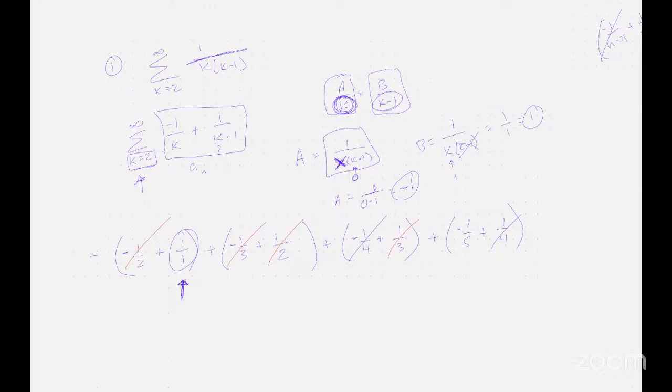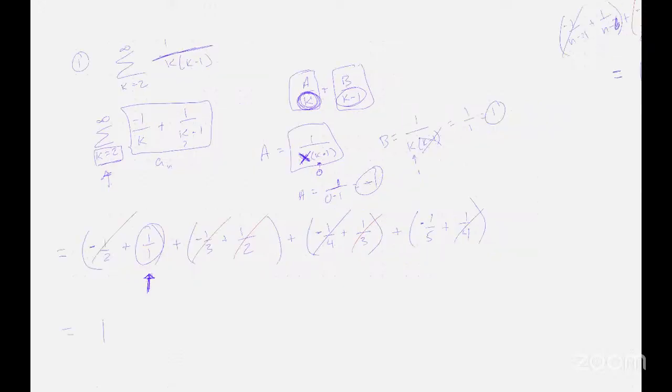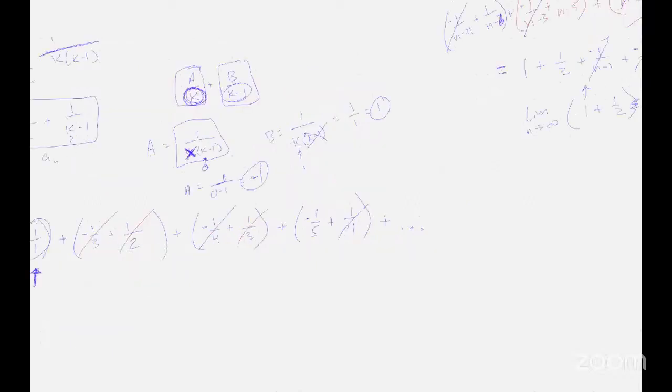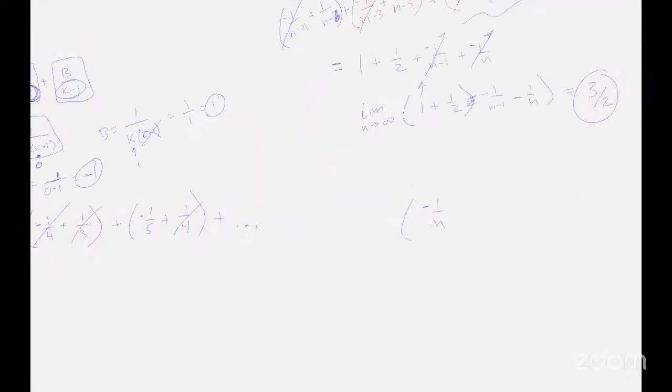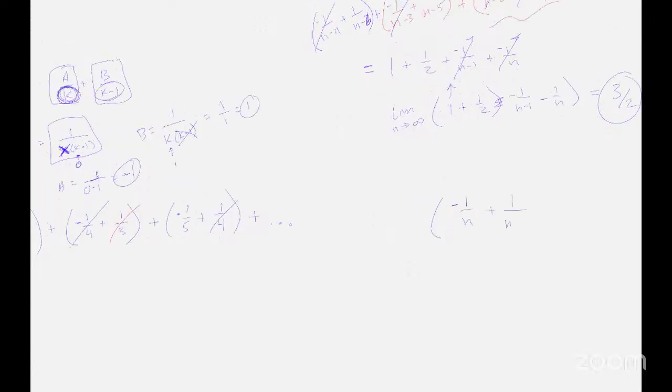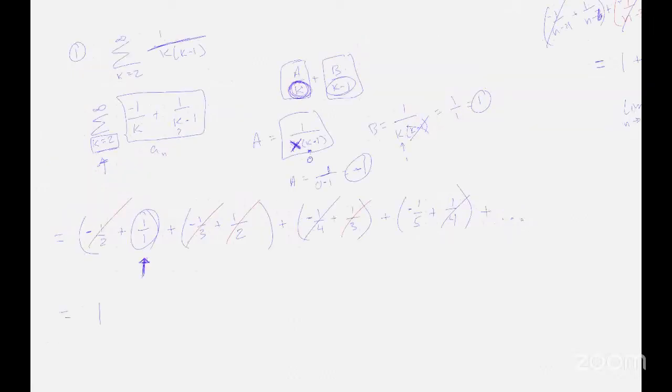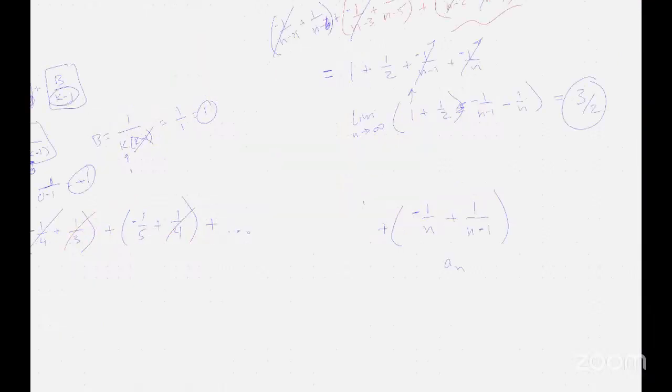Let's see what happens at the end. I'm going to put my last term, which is A sub n when I plug in n. It's negative 1 over n plus 1 over n minus 1. That was the nth term. Then the n minus first term is negative 1 over n minus 1 plus 1 over n minus 2.